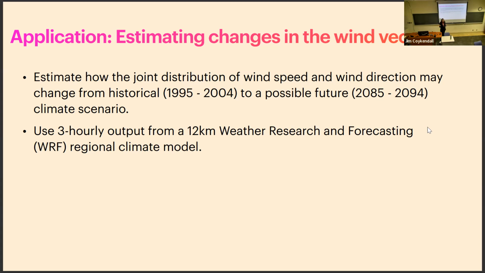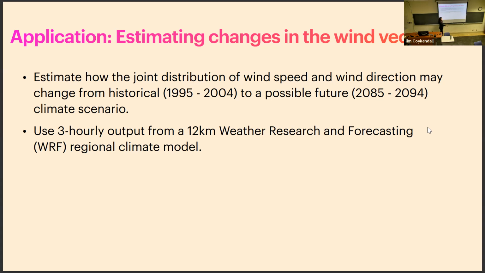However, there is not much information about wind speed and wind direction, or, let me put it that way, there is no clear information about the distribution of wind speed and wind direction. Some would even say that wind speed and wind direction don't change from historical to future climate scenarios. So what we want to do is to see if our method can help us add to these findings.